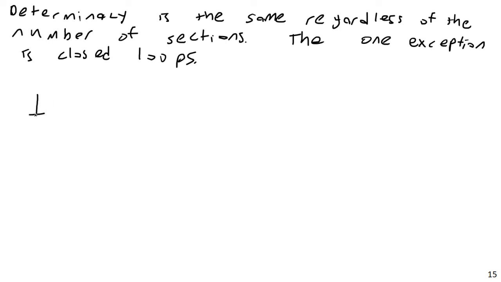So let's say we have two fixed columns, and I'll go with the simplest kind of closed loop you could have. That would be a triangular loop. Assuming you had straight members, the simplest kind of closed loop you can get is a triangle, although most closed loops you get are going to be rectangular.